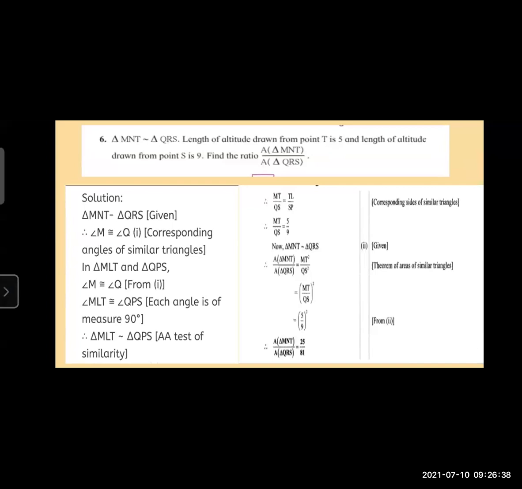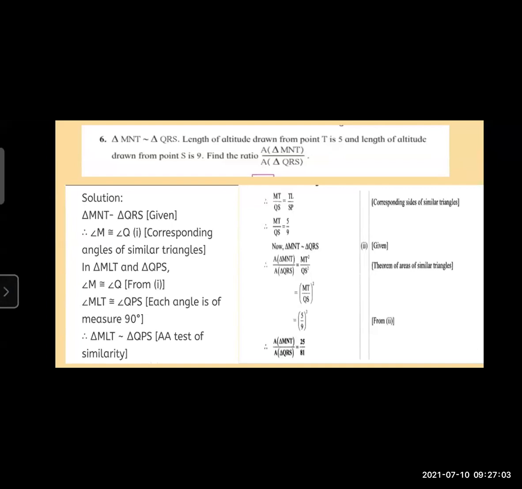So first we show these two triangles are similar by the AA test. For showing the similarity test, we require two conditions. The first condition is the given condition by applying corresponding angles, and the second condition is each 90 degrees. The given is that the altitude is drawn, so we write each 90 degrees.